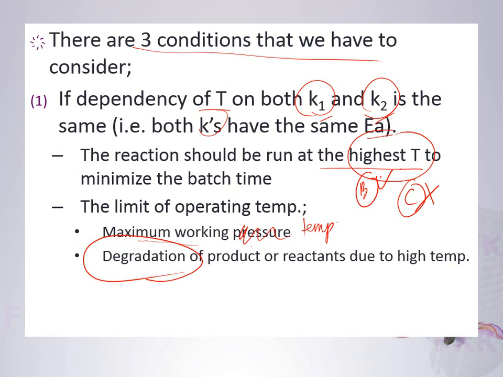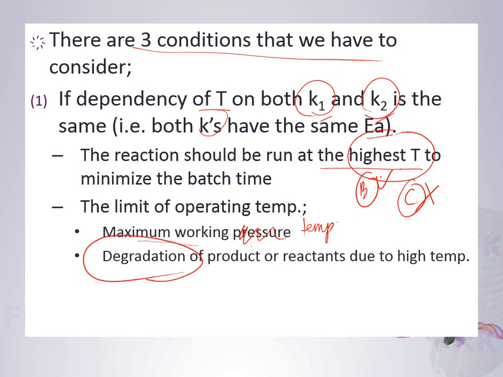The same goes when you are doing simulation for your distillation column. Remember, you have a reboiler at the bottom. So make sure when you operate that the temperature of the reboiler, when you simulate it, is actually below the degradation temperature.